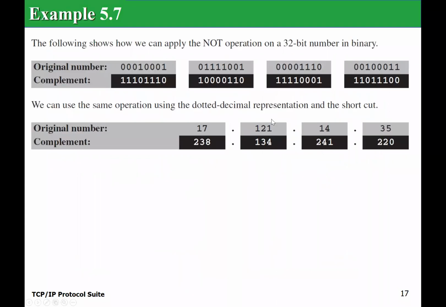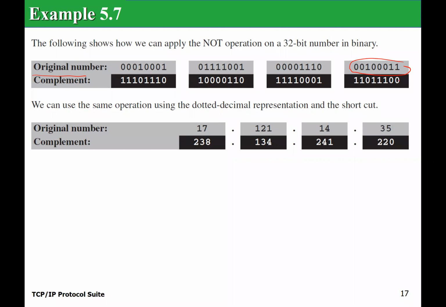For example, here is the original number, and I will ask you to find the complement, which we call the complement or the NOT. So what is the complement of this one? Simply, do the opposite. If it's 1, make it 0. If it's 0, make it 1.